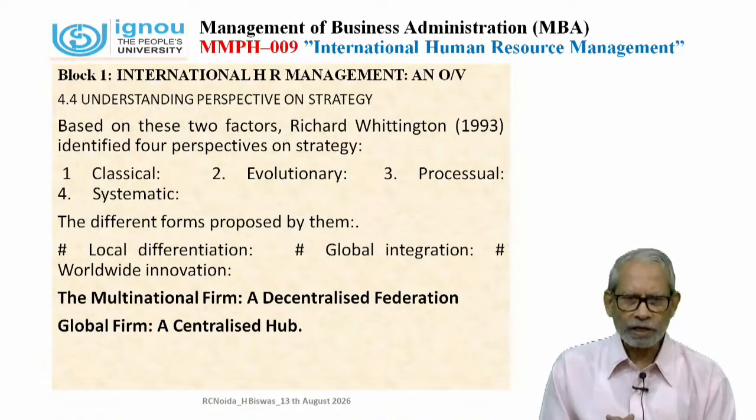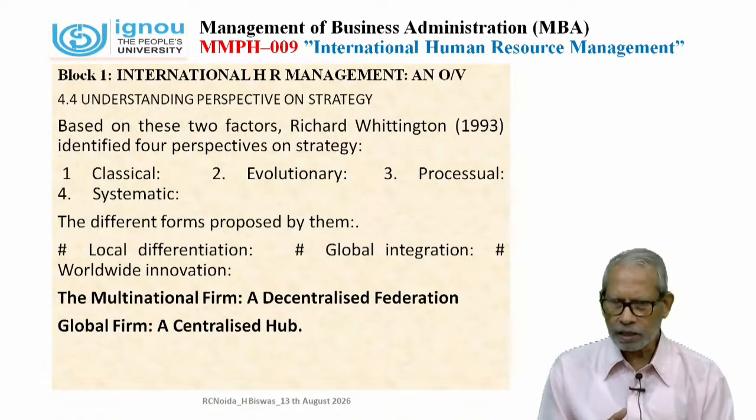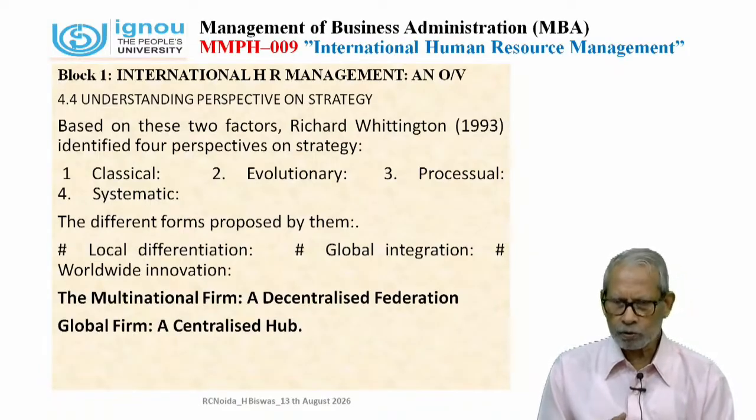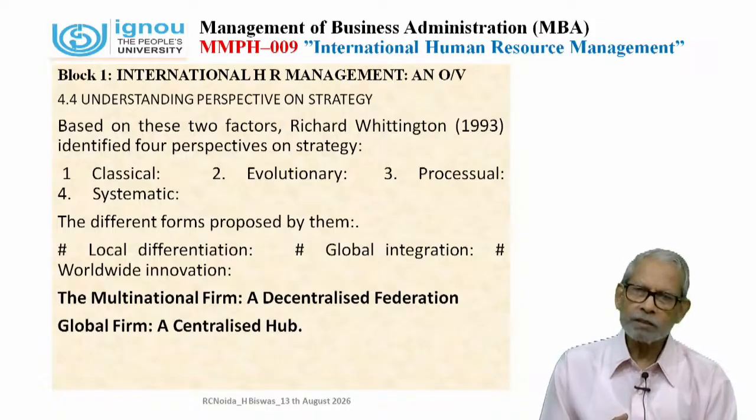Based on these two factors, Richards in 1993 identified four perspectives of strategy: classical, evolutionary, processual and systemic.